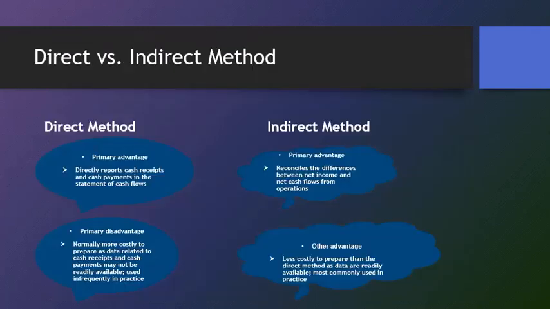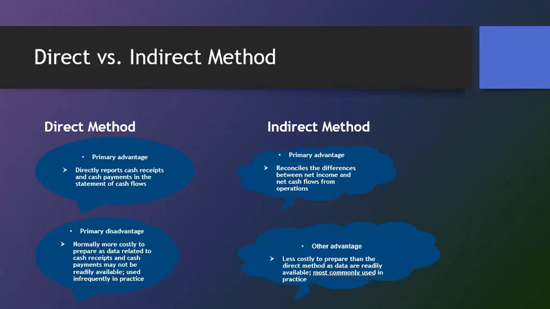Okay. Now, again, you're going to learn about 2 methods for preparing the statement of cash flows. We have the direct method and the indirect method. Here's what I'll say about the direct method. Okay, the direct method is the one preferred by the FASB.